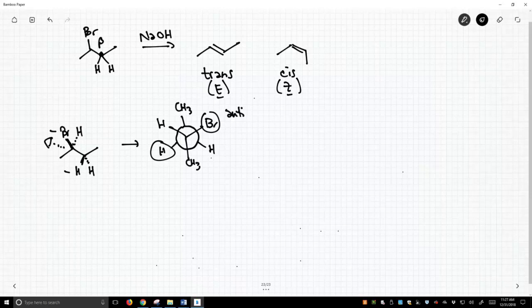Well, there is another conformation that we could draw of this structure, another staggered Newman projection. What we're going to do is rotate this hydrogen 120 degrees around on the back carbon, and of course everything else is going to move too. Our front carbon stays the same.